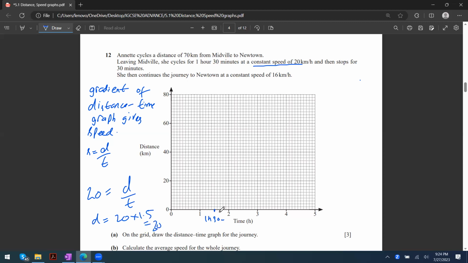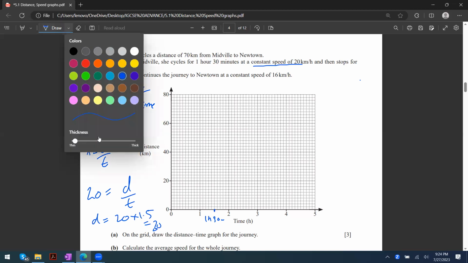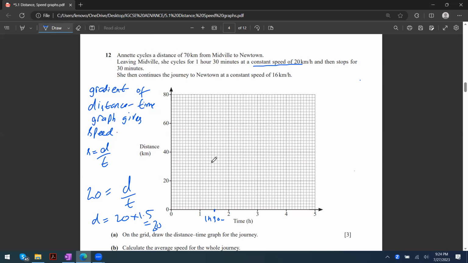So we have got a point here. At 1.5, you can put a dot at 30 kilometer, half of 70. It's a straight line, so let's just join a straight line.